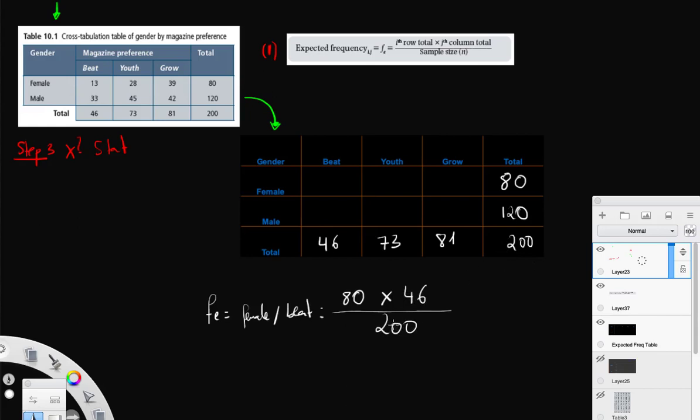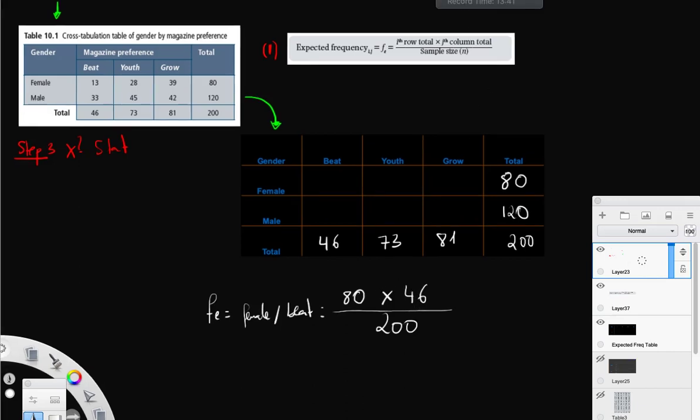Now just take your calculator and tell me what you find there. So where you have female and beat, the value that you would get here should be 18.4.